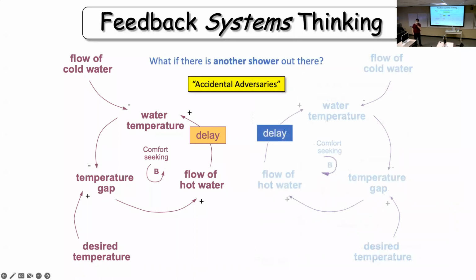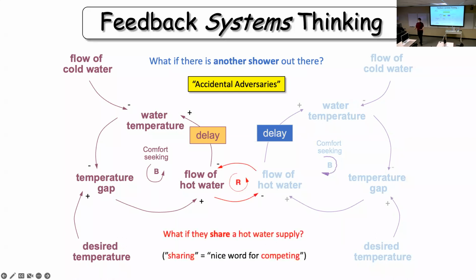And in reality, in something like a hotel, there might be a shared hot water source. So there's another room out there, and they've got exactly the same shower, but they're competing for the same hot water. And this archetype has a balancing loop, another balancing loop, and they're coupled by a reinforcing loop.